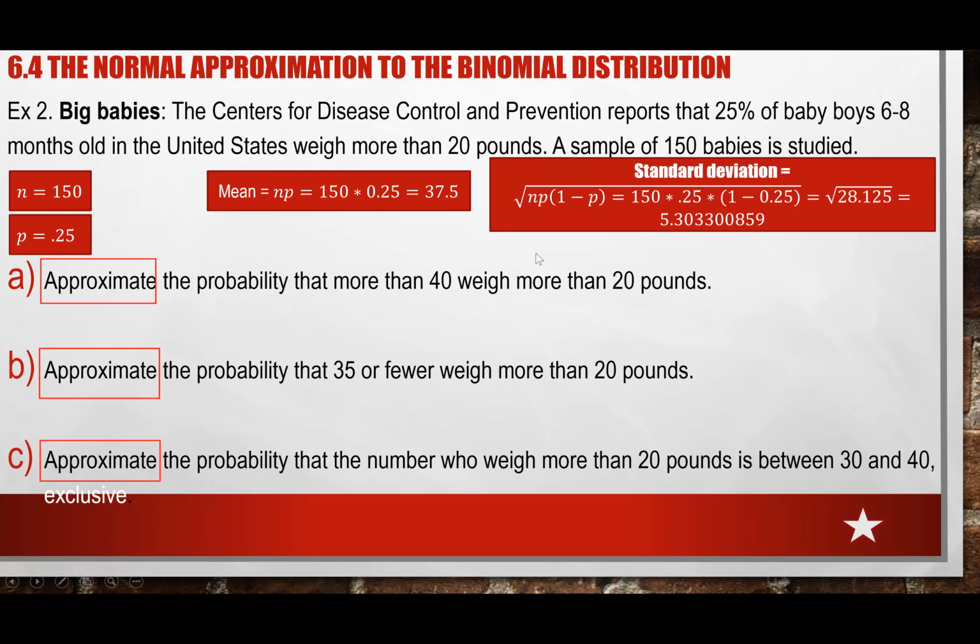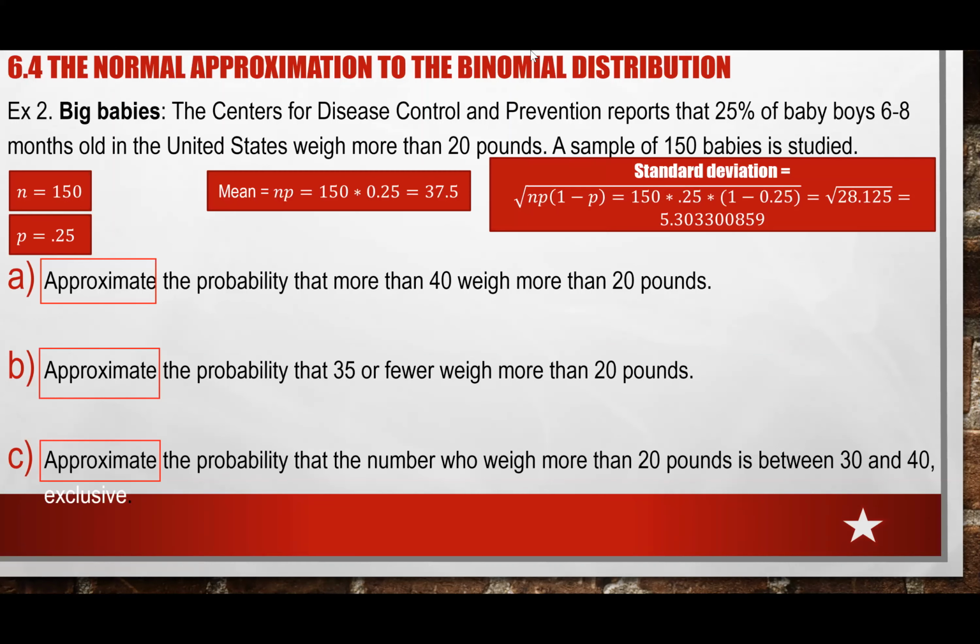Once you calculate that, a reminder: when using the mean or the standard deviation, make sure to use as many decimals as you can, right? So this is what we have. Now, what do we need to do after this?